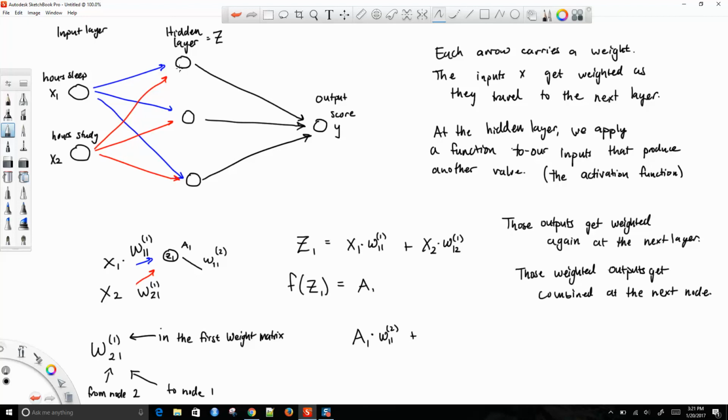So if I call these Z1, Z2, and Z3, after applying the function to this stuff we get A, so we would have A2 weighted and A3 also weighted.